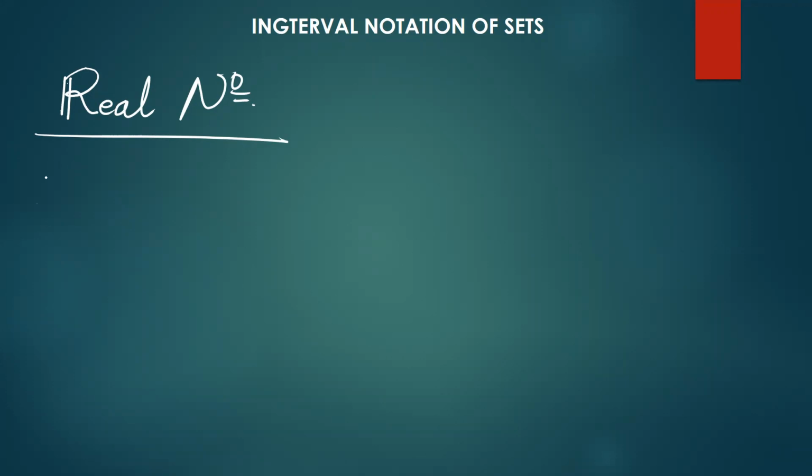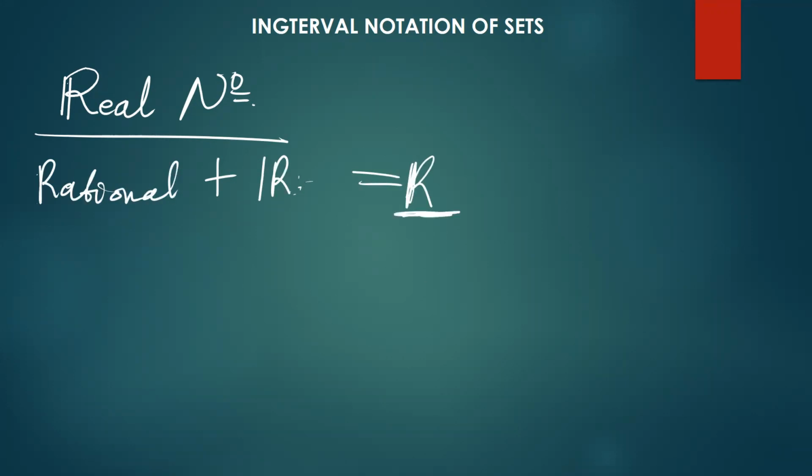In other words, when you add the set of rational numbers and irrational numbers, you come up with the set of real numbers. And then what are rational numbers?